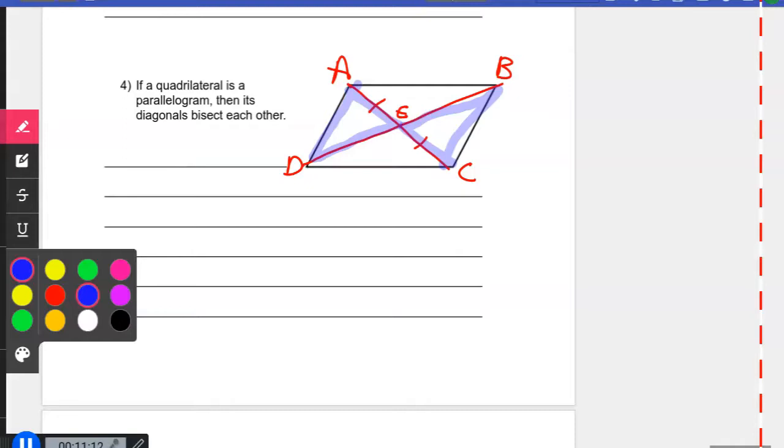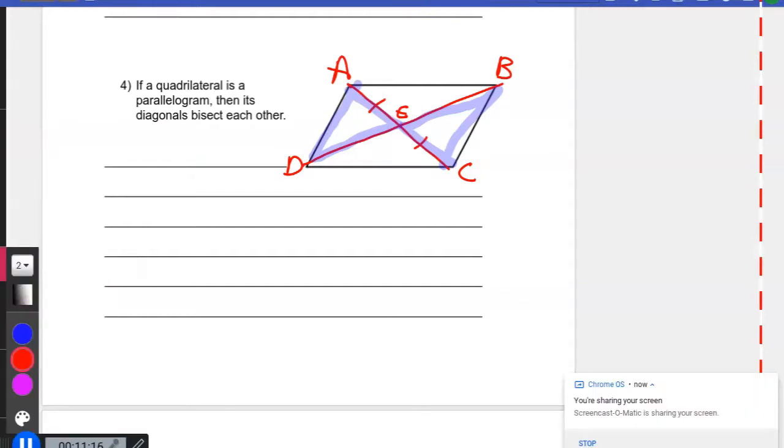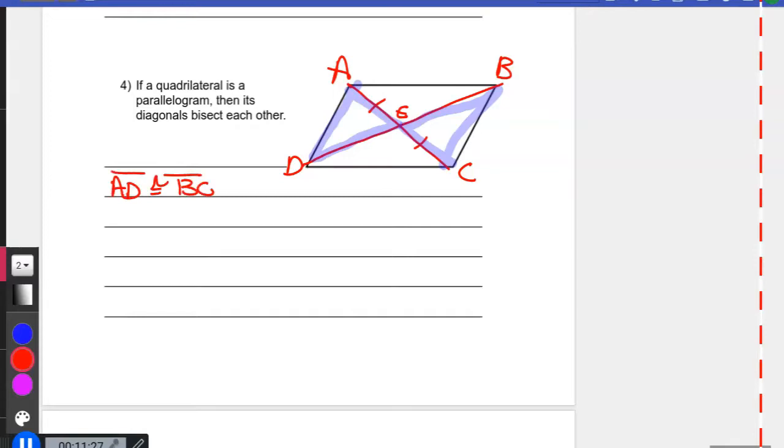I need a third thing. That third thing is going to be alternate interior angles. I'll show you that in a second. So I'm going to start by saying that AD is congruent to BC because they're opposite sides of a parallelogram. And we know that they have to be congruent because of that.